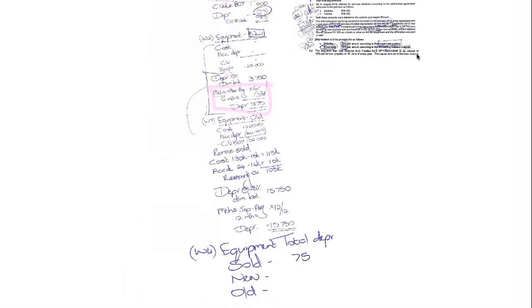My depreciation on my new asset was 1875. And my depreciation on my old assets was 15,750. And so we add these up, and this gives us our total depreciation for the year. Now you can see it's tricky, right? And it looks like a lot of work, but by splitting this up, you have a chance of dealing with all of this accurately.